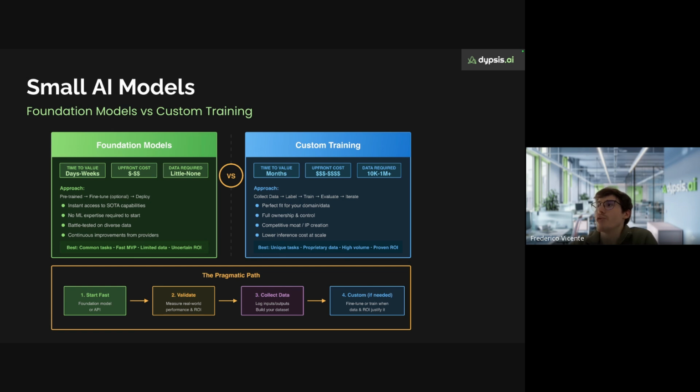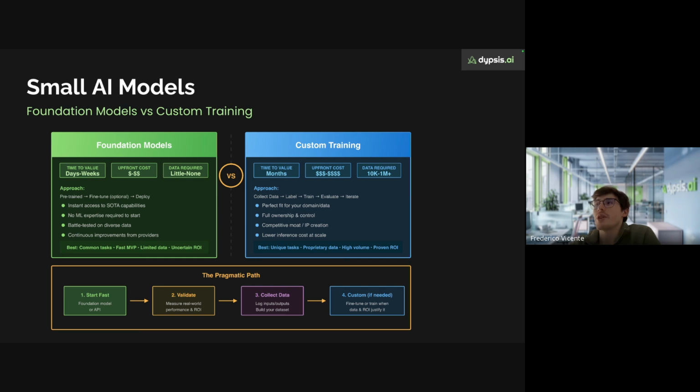The problem with custom training is that you have to have some data, and that is not always possible, because normally companies don't produce this data. So you have to have some strategy to, in the long run, start acquiring data from your processes. Of course, nowadays you can also generate data with LLMs, but having real data is generally a better choice.